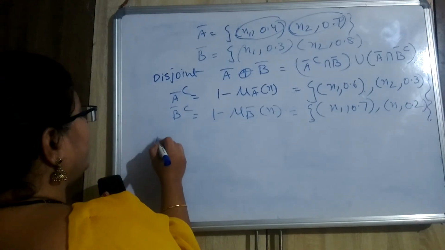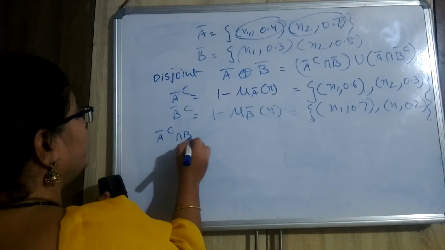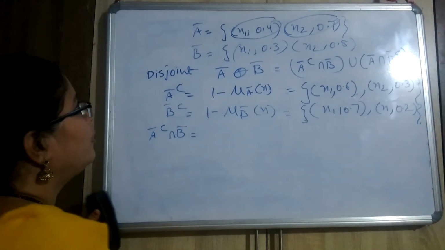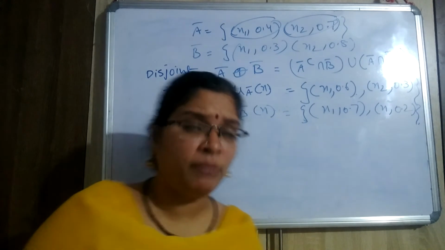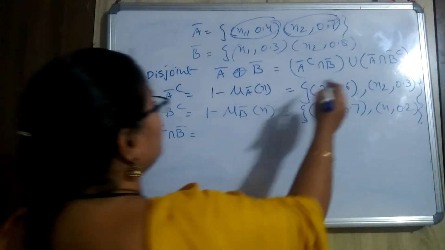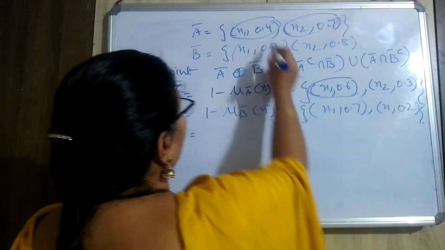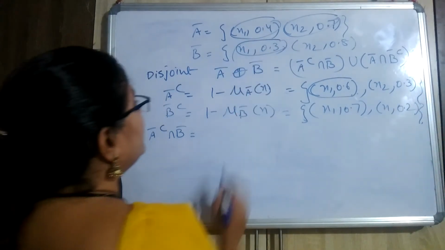Now I am finding A complement intersection B bar. What does it mean? Intersection means we have to find the minimum value. What is the A complement value here? At x1 it is 0.6 and B bar is 0.2. Which one is the minimum?